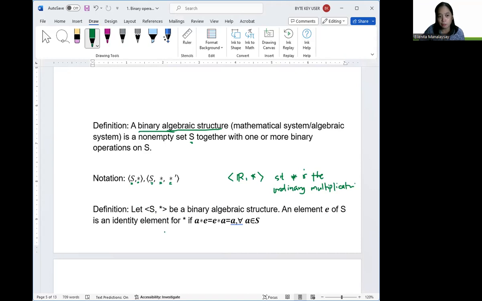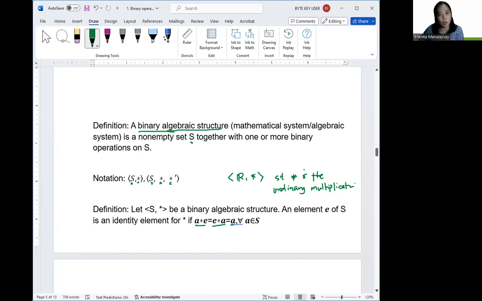An element E of S is an identity element for star if A star E is equal to E star A, which is also equal to A, for all A in S. For any element in S, the element star the identity element is always equal to the element A. Say for example, in the set of real numbers under ordinary addition, the identity element is 0, such that any real number added to 0 is the real number itself.